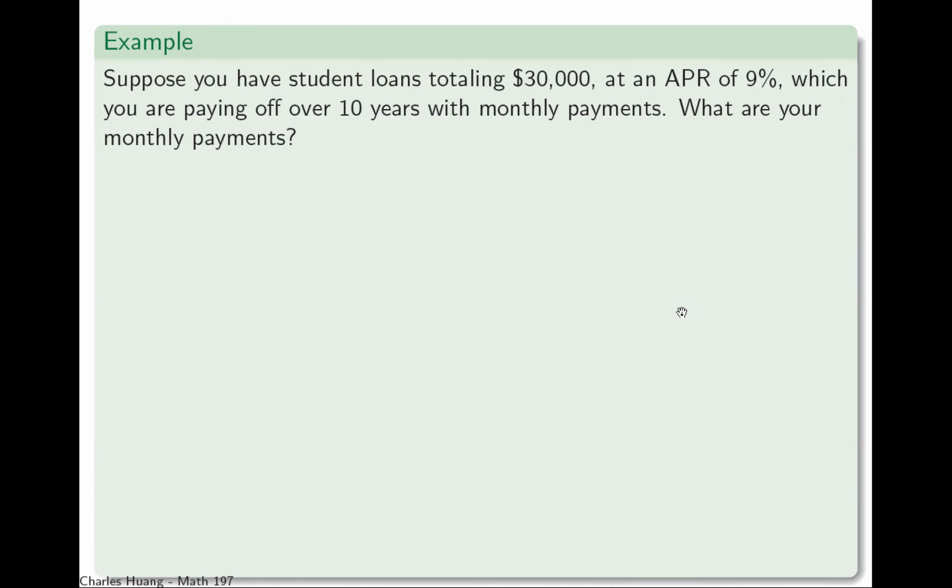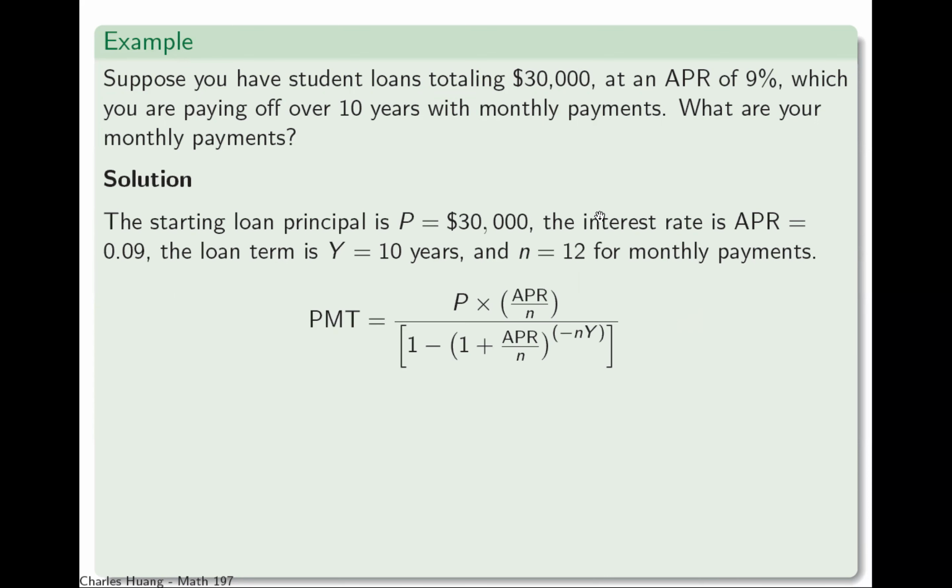Suppose we borrow some student loans, $30,000 at a rate of 9%. We need to pay this off over 10 years with monthly payments. In this case, the amount that we borrow is 30,000. That goes in the P part.